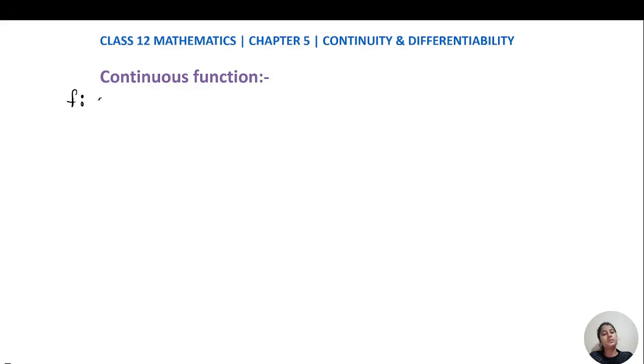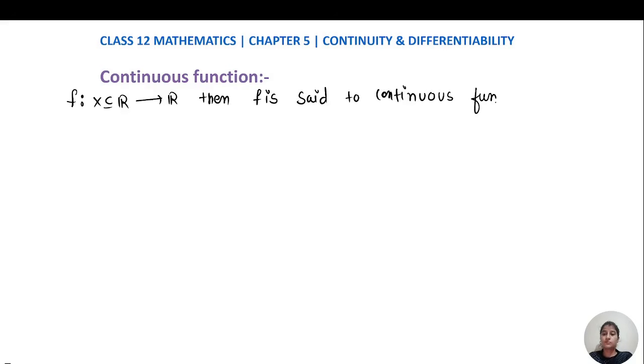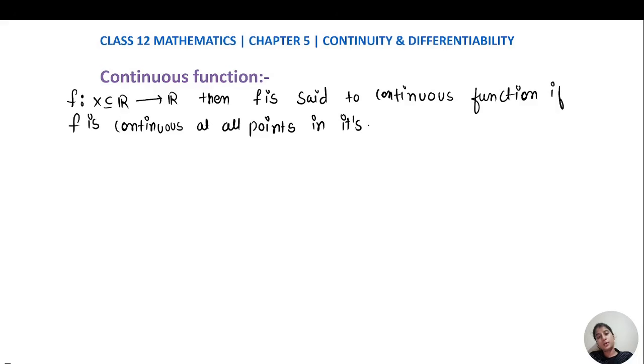Suppose f is a real valued function from X, a subset of R, to R. Then f is said to be a continuous function if f is continuous at all points in its domain.